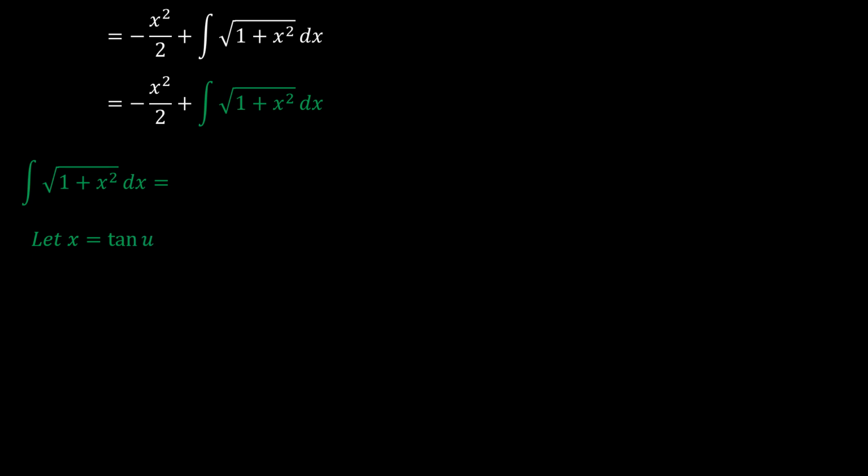So dx/du becomes secant squared u, and that means we can substitute dx with sec squared u du.